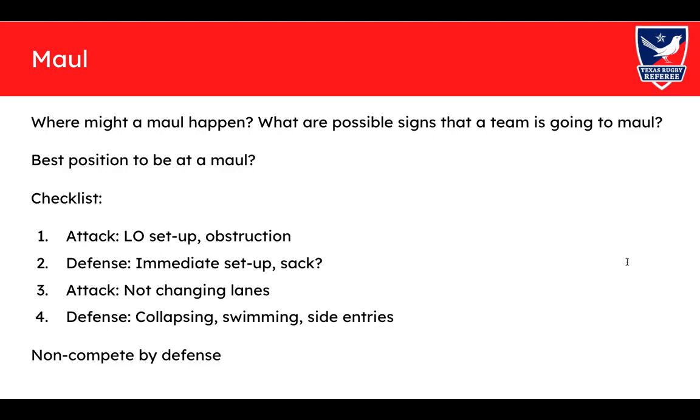Yeah. So if a defense is going to say, we're not going to compete at the maul, they must stand on the line of touch. They cannot step off of the line of touch. If they step off of the line of touch, it's a penalty to the attacking team. You can part the Red Sea, but not go backward. A very vivid way of picturing that.